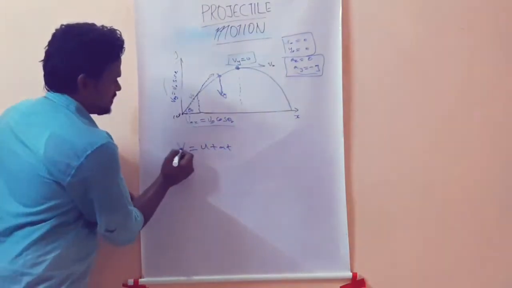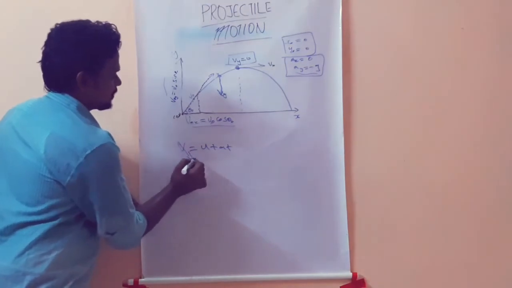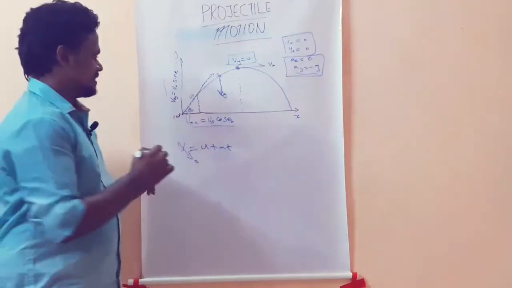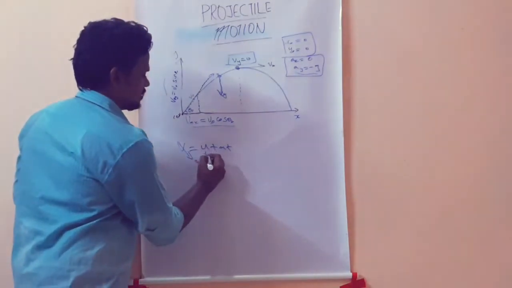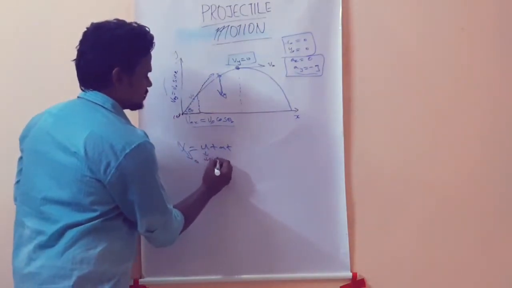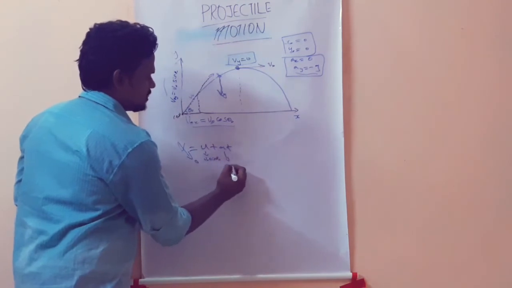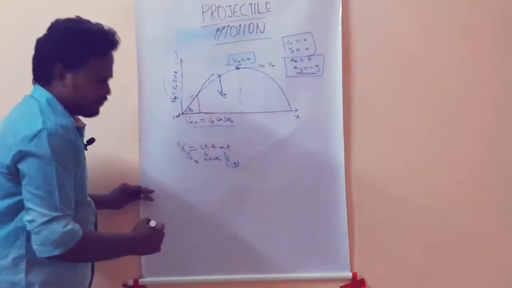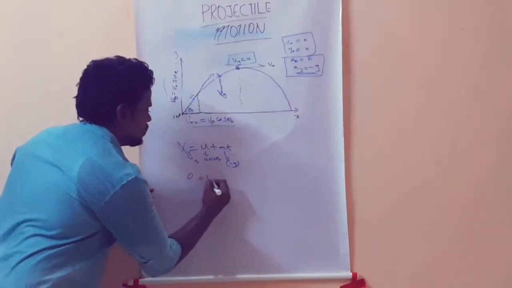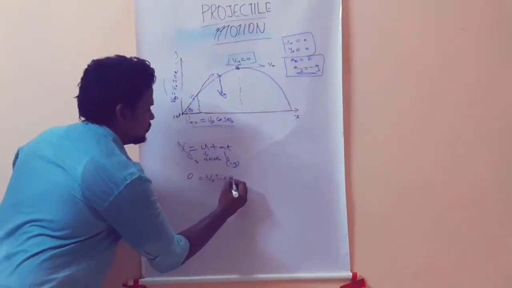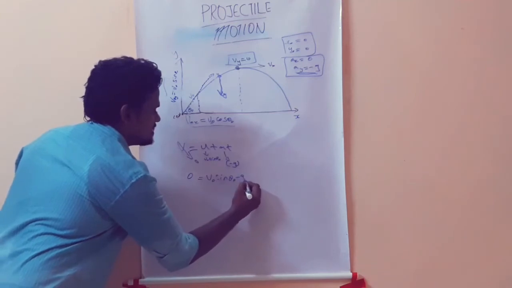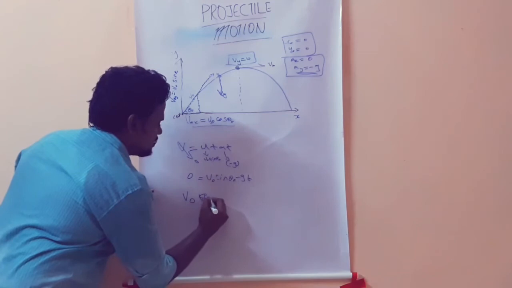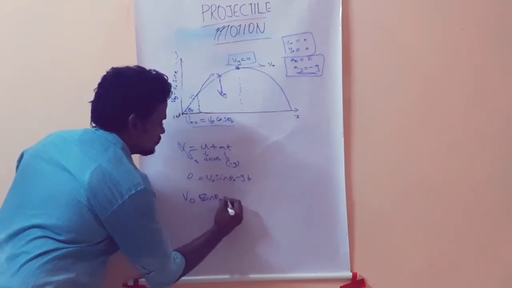That is, this v is going to be 0. And then the initial velocity along the y axis, we are going to write it as v naught sin theta naught, and for this a we are going to replace it by minus g along the y axis. Therefore, we will get 0 equal to v naught sin theta naught minus gt. So we will rearrange this equation, v naught sin theta naught equal to gt.